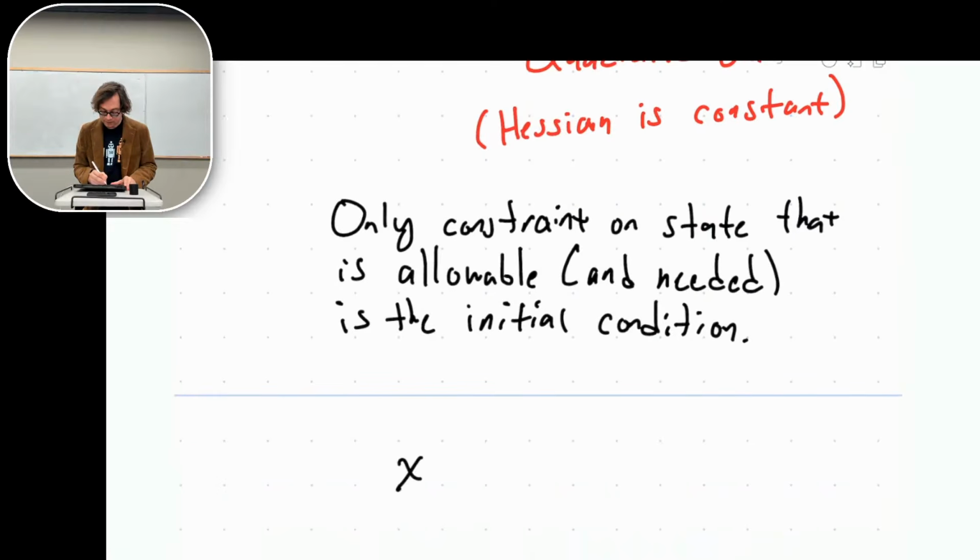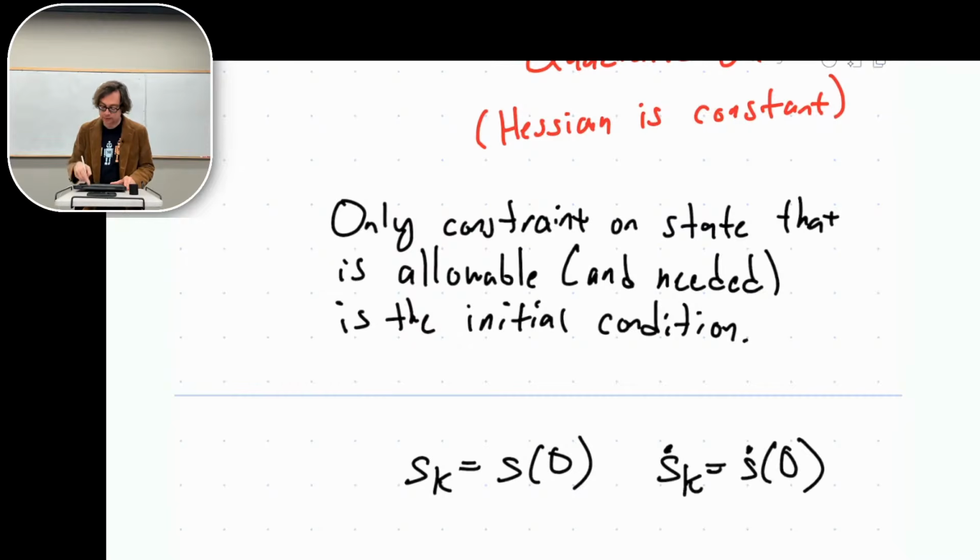So that means that SK is equal to whatever your current S is right now, and S dot K is whatever your current speed is.